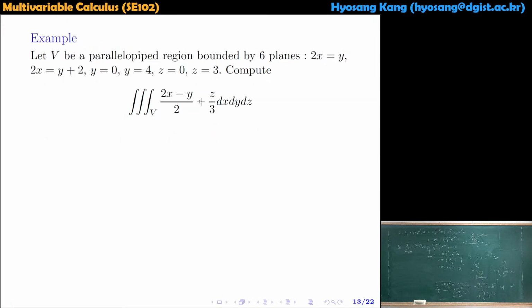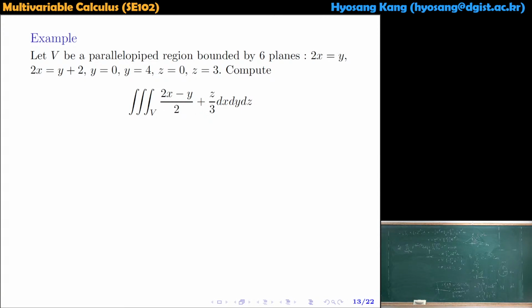Let's look at this example. In the class, we tried to draw the region V and use the Fubini theorem 3. If you use integration by substitution, this can be done really easily.